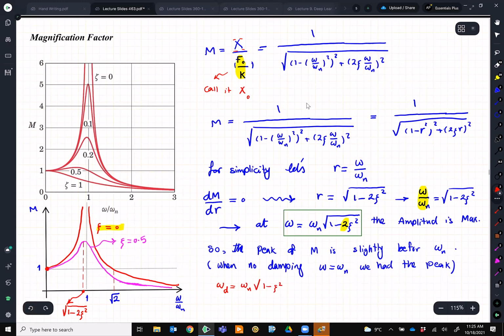This is what people get confused about. They think if the resonance for a case with no damping happens at omega equal to omega n, then when we have damping, the resonance will happen at omega d. No, it's not. And you see the math showing us that the maximum happens at omega equal to omega n square root of 1 minus 2 zeta squared. All right? So again, do not confuse this one with omega d.